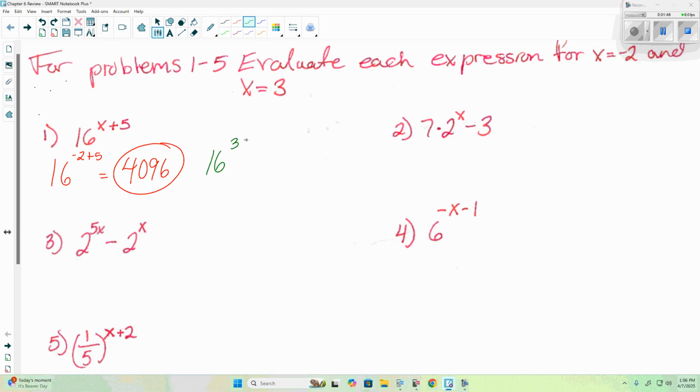Now we need to do the same thing for when x is 3. So we're looking at 16 to the 3 plus 5.